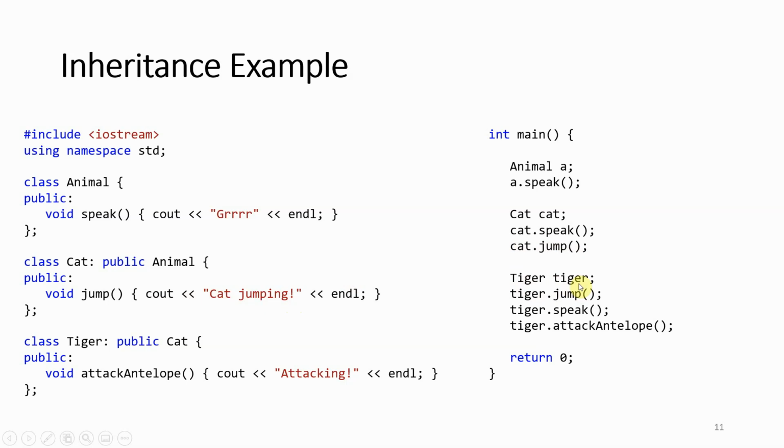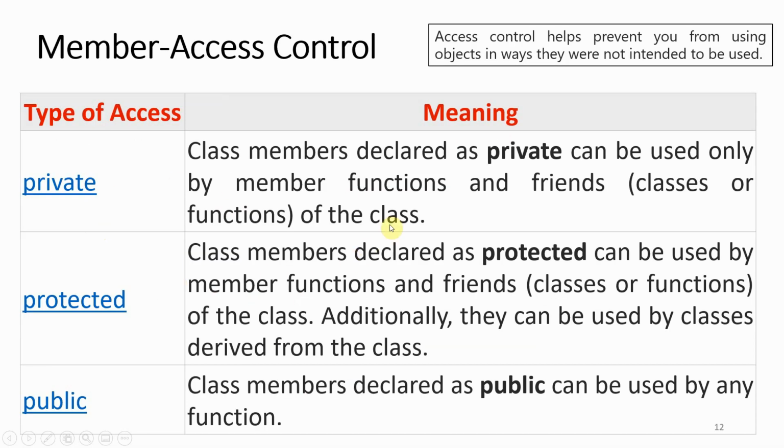So now tiger is an object of the subclass tiger. So this object can call the jump member function or speak member function or the attack antelope member function. So this shows that everything we talked about for member variables is also true for member functions.